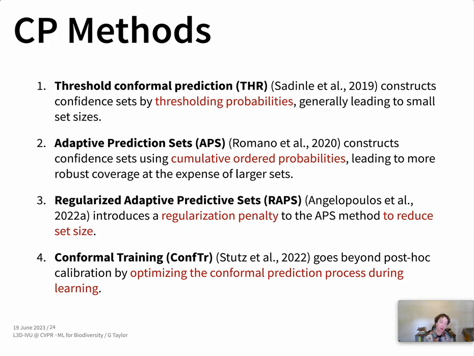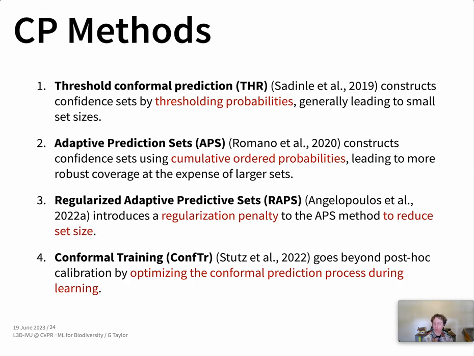And then there's regularized adaptive predictive sets, which is a small change to the APS method, but it tends to reduce the set size to make it more comparable to the ones produced by THR. And then, while methods 1 to 3 are post hoc or plug-in, they only happen after a model's been trained, you can actually make the model training procedure aware that it's going to be going through this post hoc calibration process, and you optimize the conformal prediction process during learning.